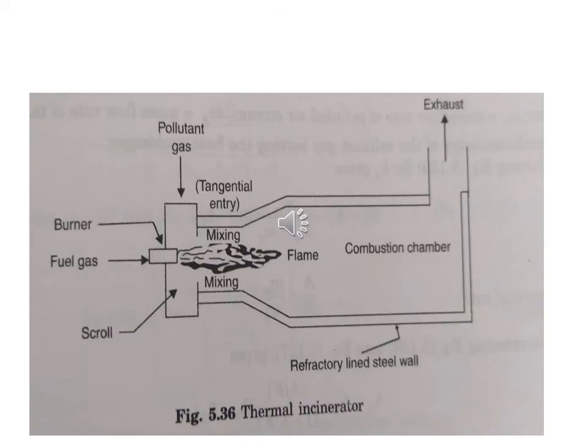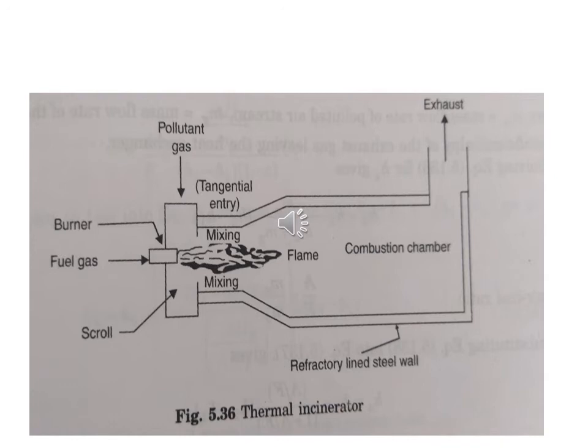This is the thermal incinerator figure. This is the fuel gas. With the help of a fuel-fired burner we give the temperature. This is the thermal incinerator. It consists of an inlet. We introduce the pollutant gas with some velocity, and there is a fuel gas burner.